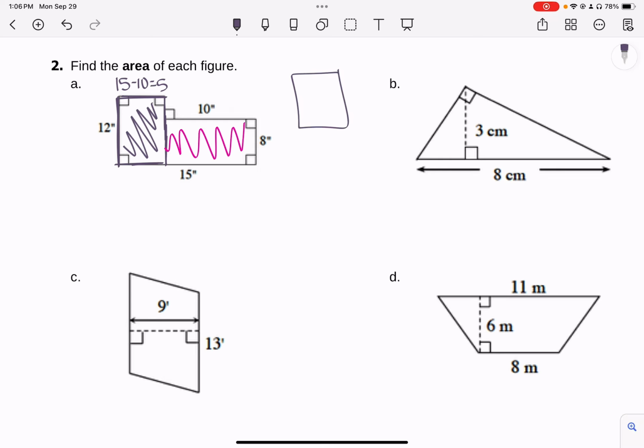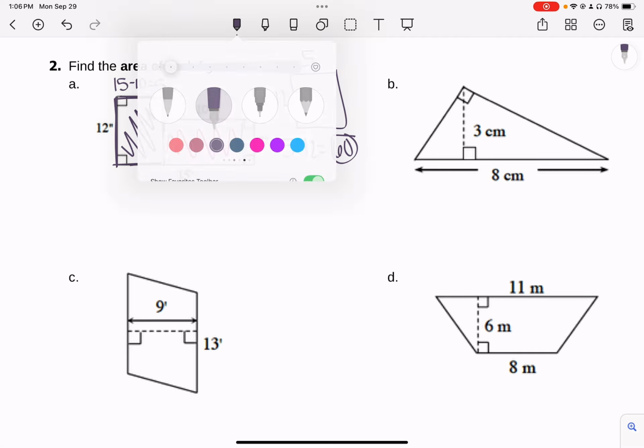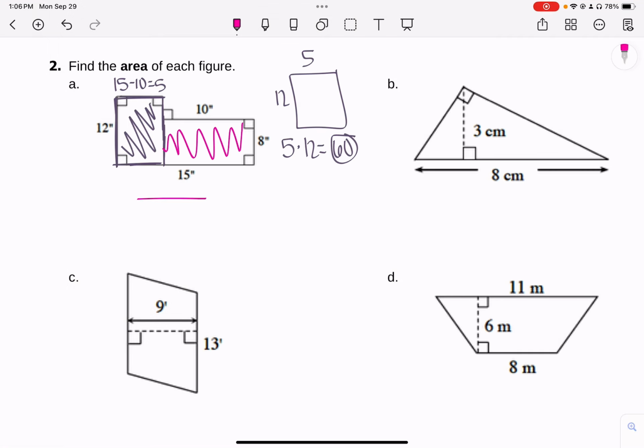So now this is a rectangle that's 5 by 12. So I'm going to do 5 times 12 to find the area. And then we get 60 there, so we need that. And then the other one, I'm going to use a different color here, is going to be 8 by 10. Remember, not using that 15 because that represented the whole bottom, but I didn't want the whole bottom here.